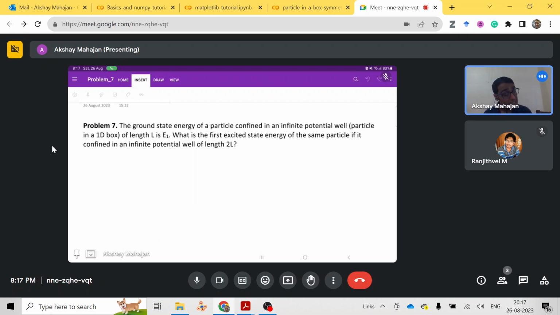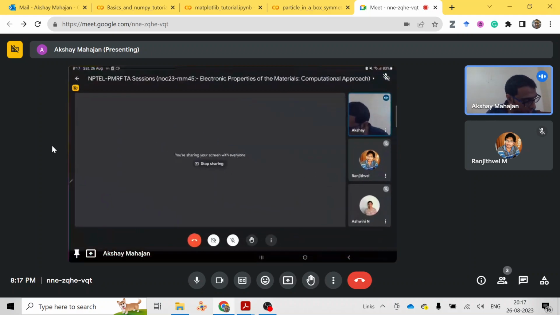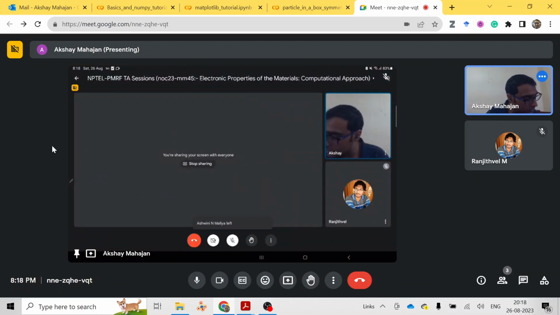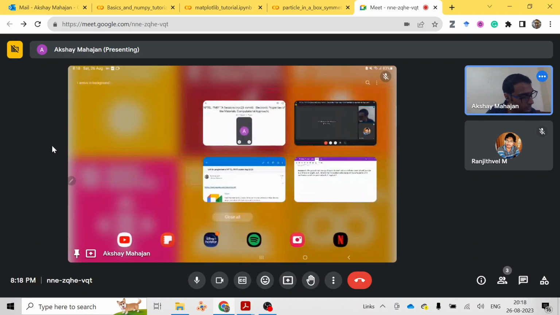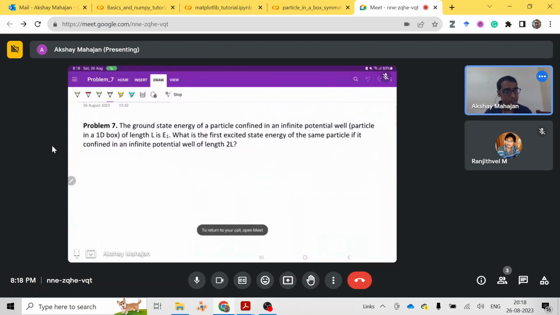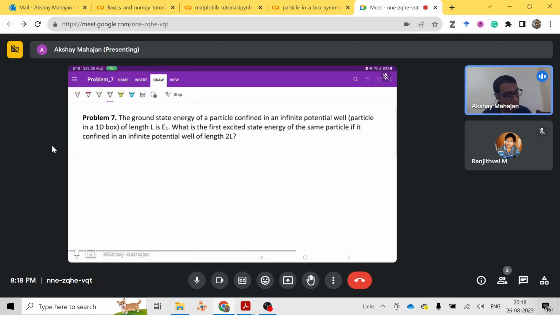Now what is the first excited state energy of the same particle if it is confined in an infinite potential well of length 2L? Alright, so we need to find the first excited state energy if the length of the potential well is 2L.